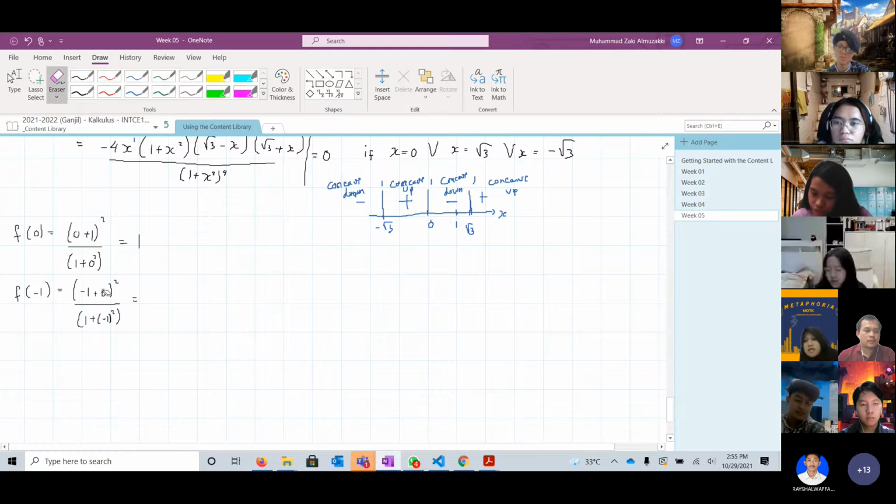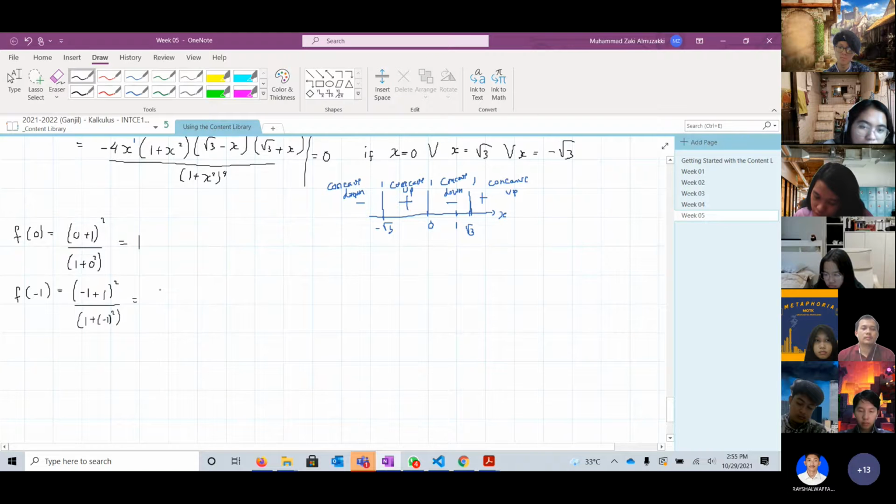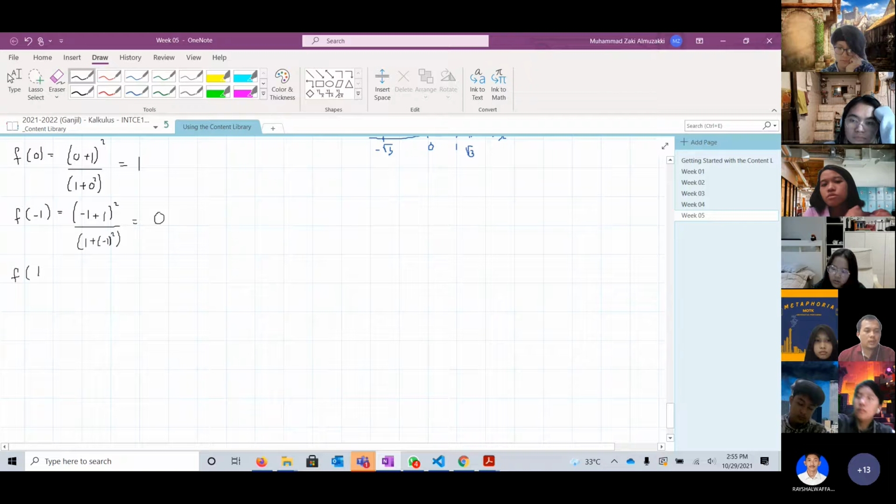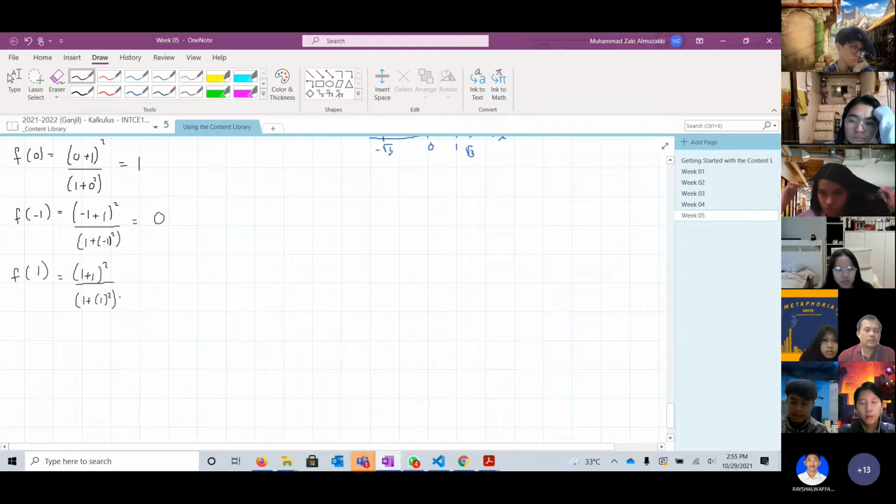Sorry, this is not 0, minus 1 plus 1 is 0, so in this case we have 0. And f of 1 is (1 plus 1) squared over (1 plus 1 squared). This is 2 over 2, which is equal to 1.